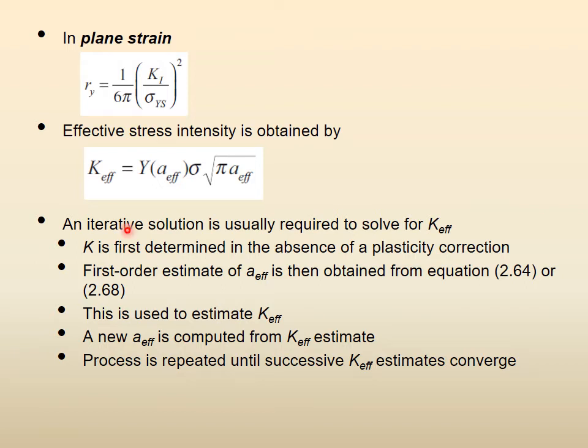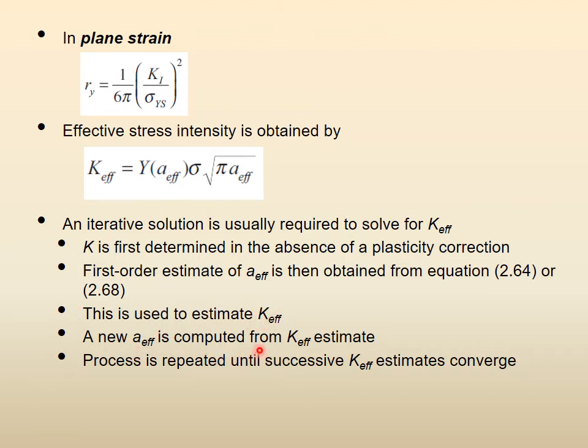So an iterative solution is usually required to solve for K effective. K is first determined in the absence of a plasticity correction, the original K1 for LEFM, purely brittle. Then the first order estimate of A effective is obtained, A effective is equal to A plus Ry. This is used to estimate K effective.